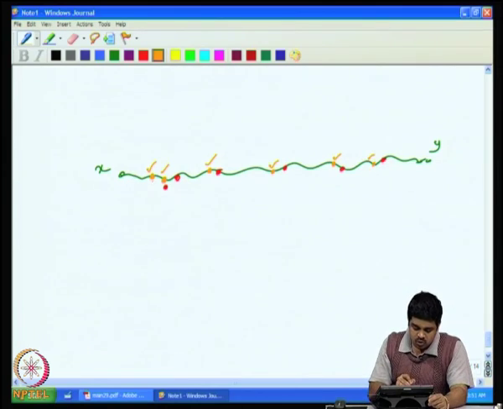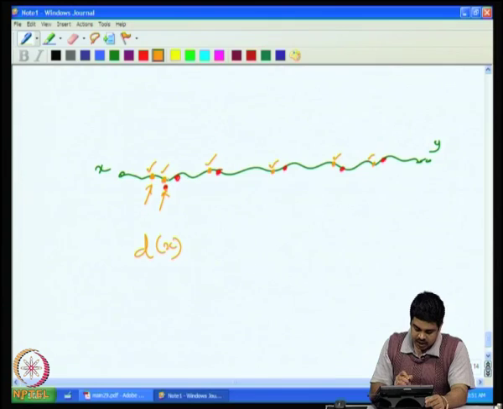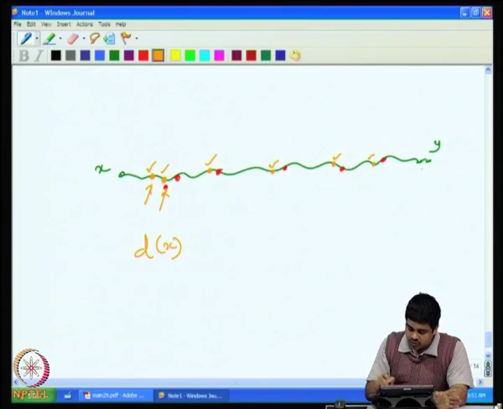If you count the orange vertices, how many of them are there? There are dx of them, because for each neighbor of x we will get one behind. So, dx of them, and none of those vertices can be neighbors of y. Therefore, the neighbors of y, as we know, because this is a Hamiltonian path, should also be present in this path only.